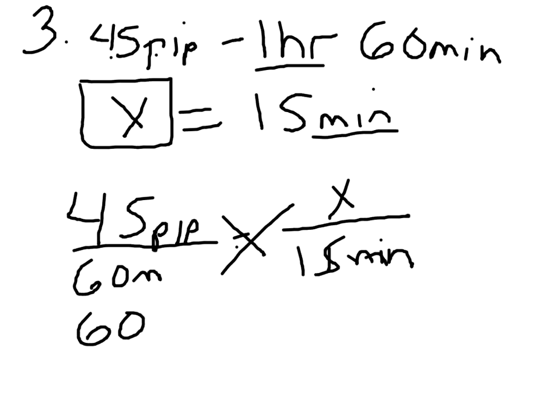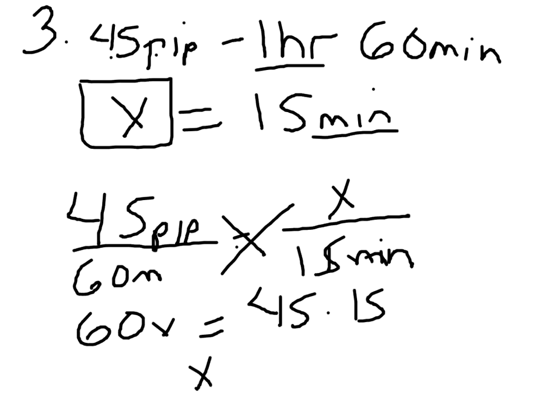So 60 and x, right, because we cross multiply, equals 45 pipettes times 15, right? Okay, so then we're going to bring our 60 over.